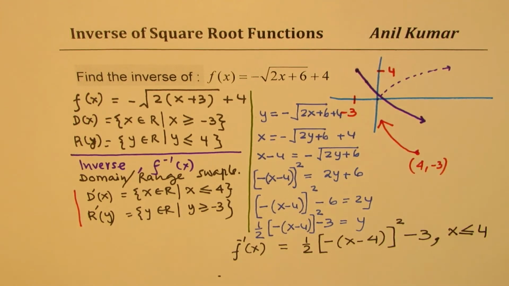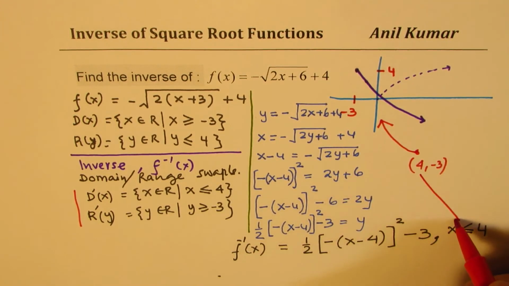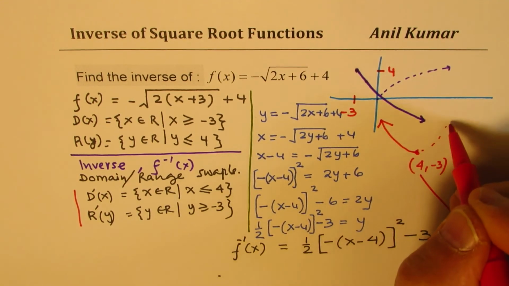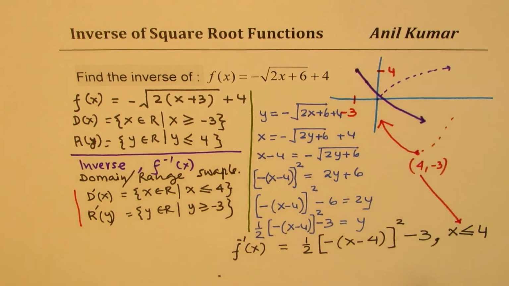So this is your restriction. If you do not include this restriction, then you are including this part of the parabola, which is not the inverse of your function. You get the idea, right? Perfect. So that is very important to understand.